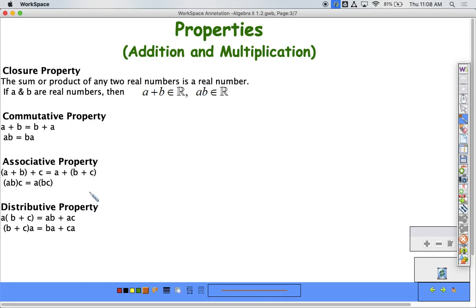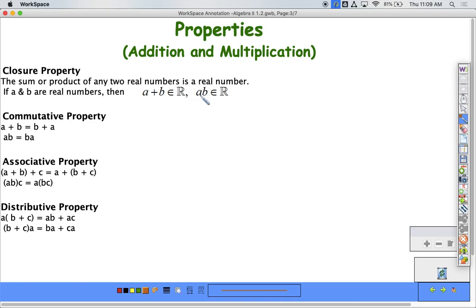Other properties we have, first is the closure property. This doesn't come up a whole lot, but it's good to be familiar. It says the sum or product of any two real numbers is a real number. If a and b are real numbers, then this is true. All this means is, these are real numbers, so a plus b, if they're real, you're going to get a real answer.